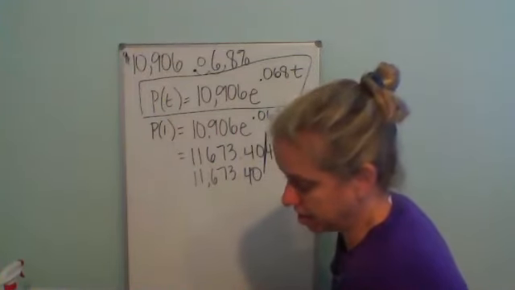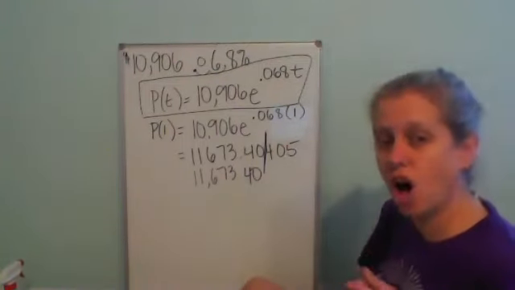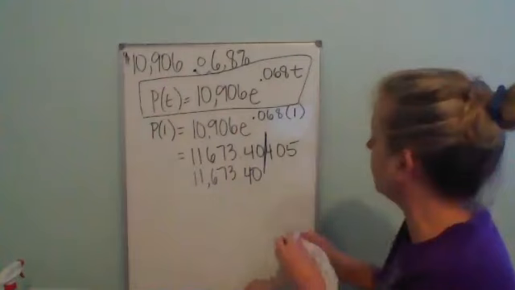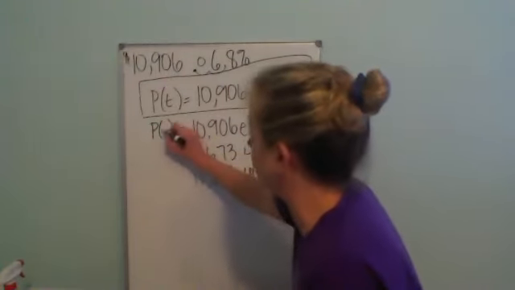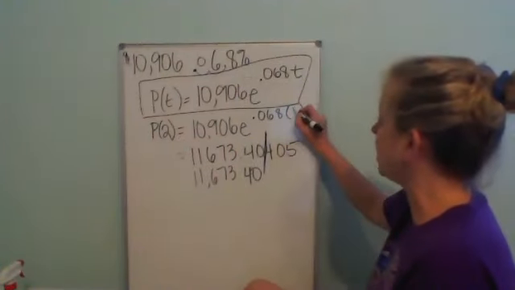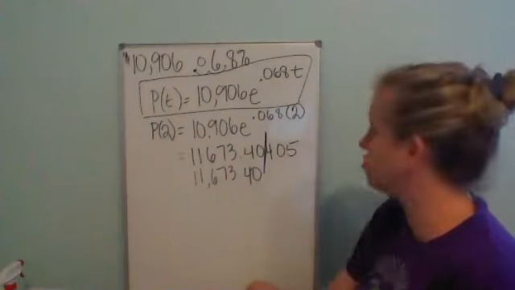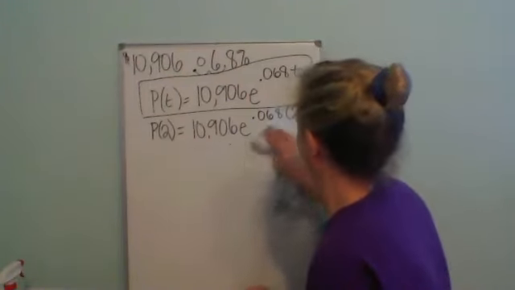Now the second part says the balance after 2 years. So all we're doing here, I'm not going to work out all of these. So after 2 years, now what are you finding? You're finding P of 2, which just means change your T to a 2 now and plug that in to your calculator.